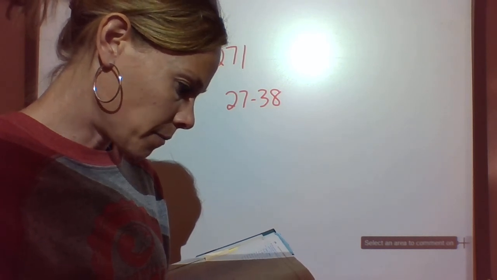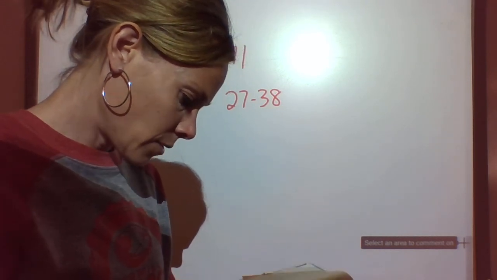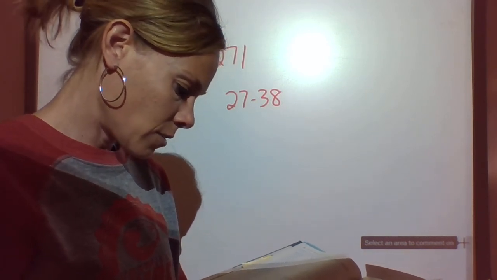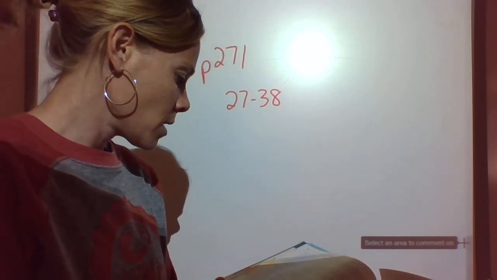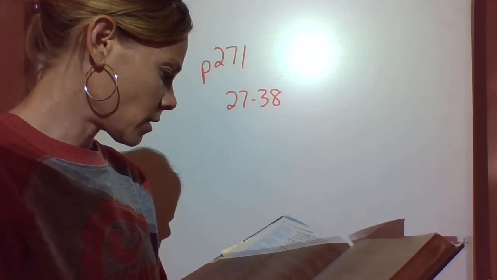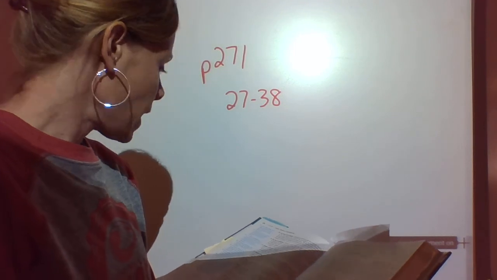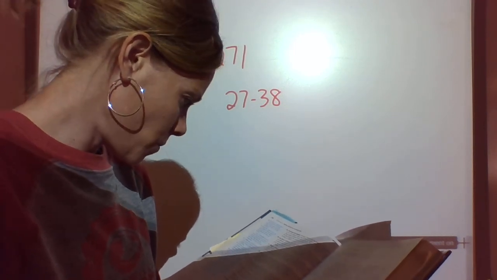So it says find the indicated probability and interpret the results. So it gives you the mean, it gives you the standard deviation, which you'll have to calculate a new standard deviation.